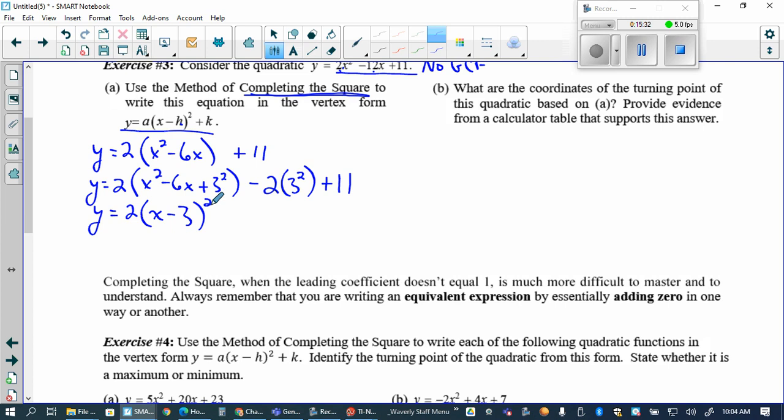Okay. This is 2 times what? Which is 9, which is 2 times 9. Minus 18 plus 11. Now let's just clean that up. What's negative 18 plus 11?